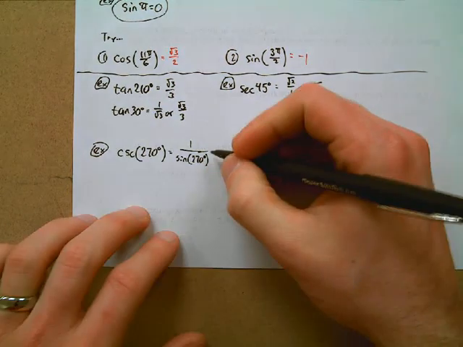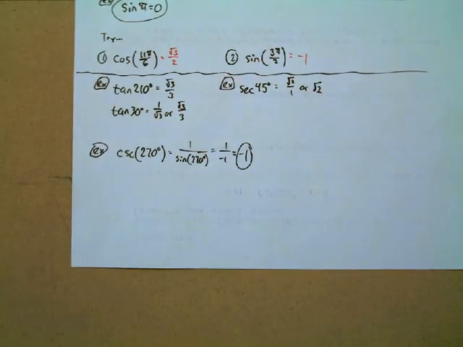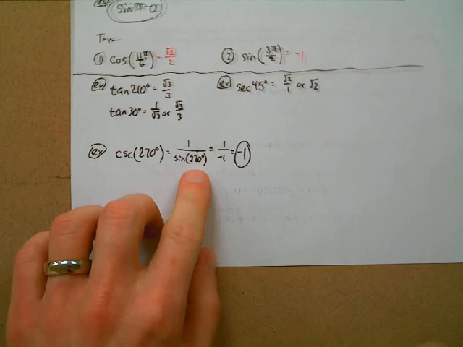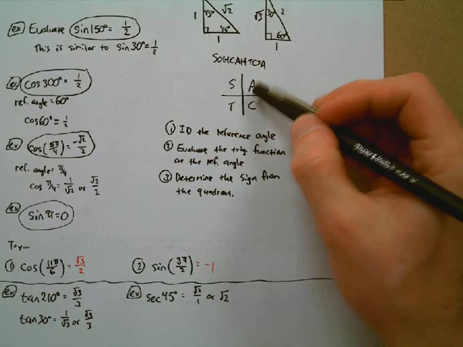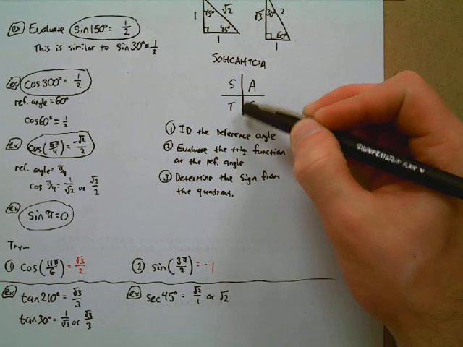And how do we know the sine of 270 is -1? Well, 270 is on this part of our axis, and it's the sine, so it's the y coordinate, so you're down -1. So there you go.